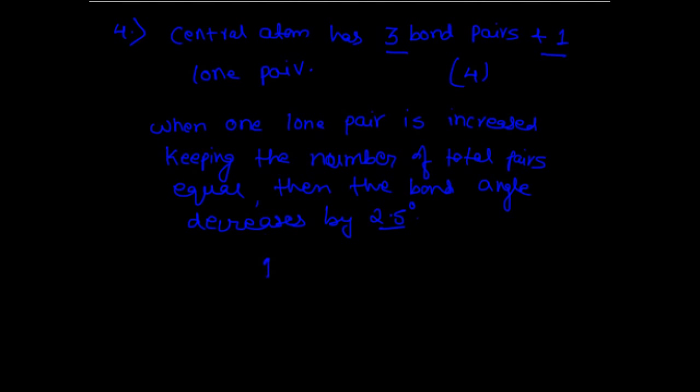So in our previous example the bond angle was 109.5, so now it decreases by 2.5, that is 107 degrees. In this case, when the central atom has 3 bond pairs and 1 lone pair, then our bond angle will be 107 degrees. So what is its example? The example of this is NH3, ammonia.